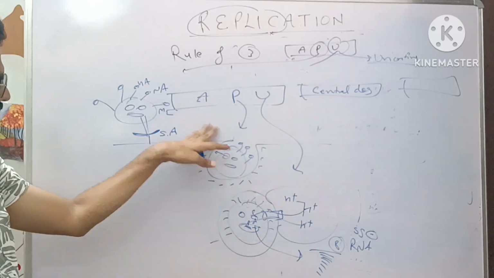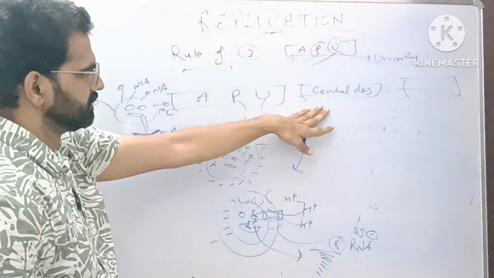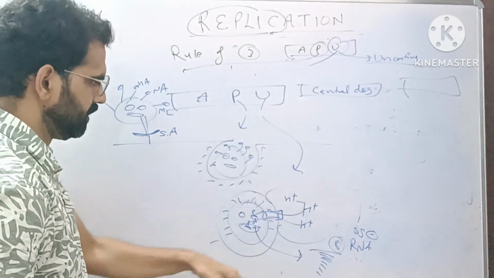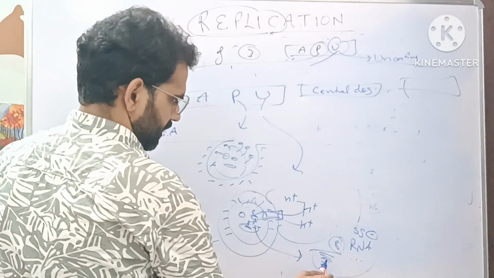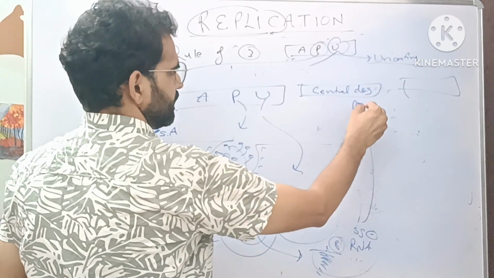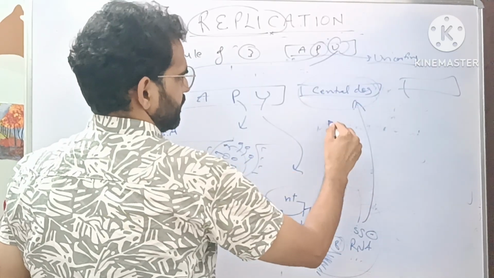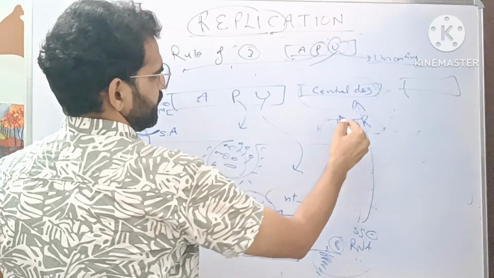So these are the 3 steps from the rule of 3. Next we'll discuss the central dogma, where these 8 segments are going to enter into central dogma, that is transcription, translation and replication.